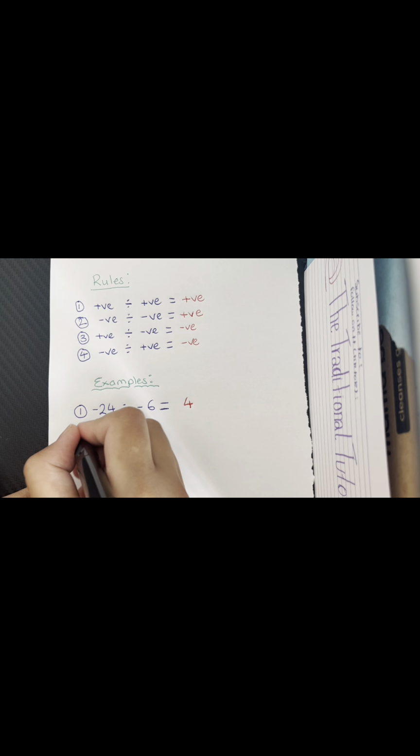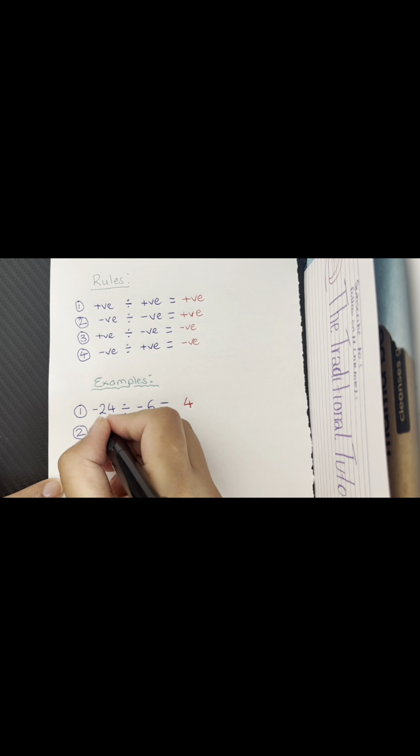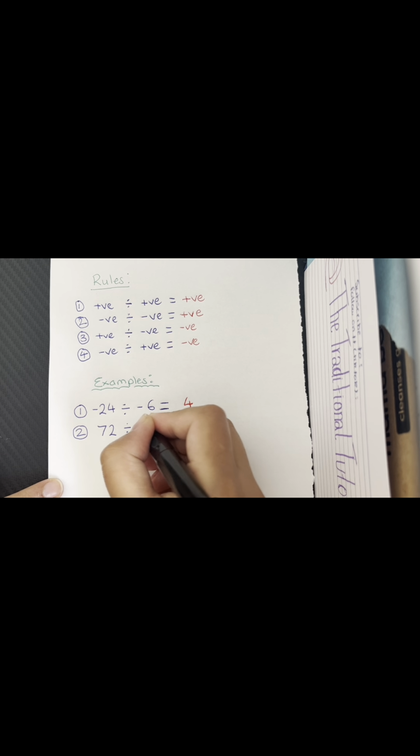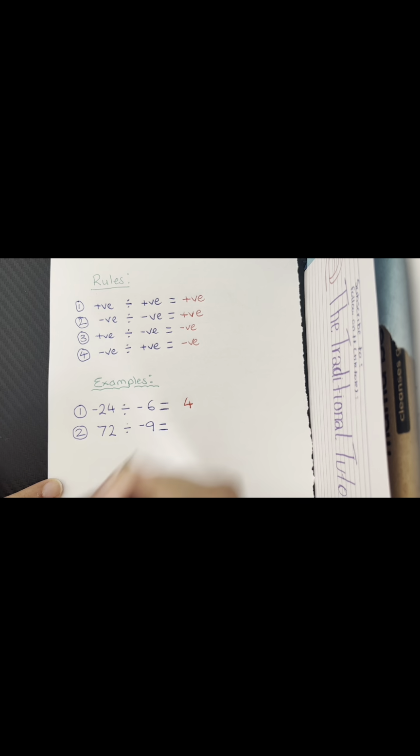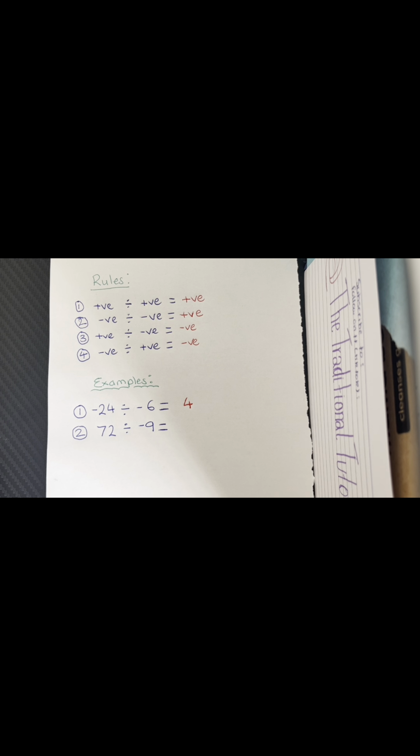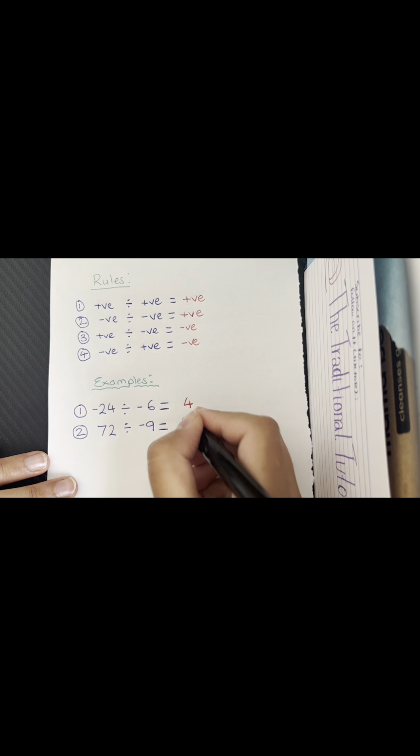Then the next example I want us to have a look at is you've got different signs. So positive 72, you're dividing it by negative 9, okay? Well, in this case, my signs, again, I'm going to try and ignore them. So I'm going to ignore my negative in front of the 9, okay? And just do 72 divided by 9, which I know should be giving us an 8, okay?